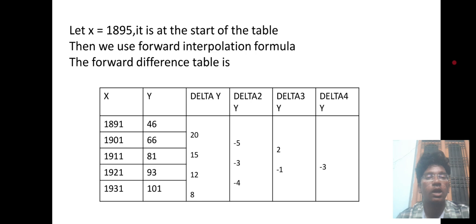Here 66 minus 46 is 20, 81 minus 66 is 15, 93 minus 81 is 12, 101 minus 93 is 8. To determine delta square y, we need to find a difference: 15 minus 20 is minus 5, 12 minus 15 is minus 3, 8 minus 12 is minus 4. Likewise, we can find delta cube y and delta power 4y.